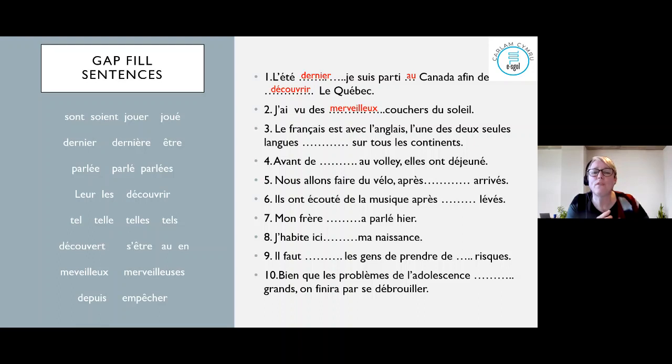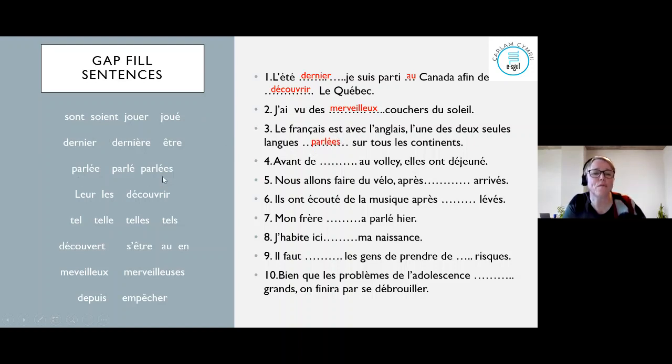Okay, numéro 3. Le français est avec l'anglais l'une des deux seules langues sur tous les continents. Okay. What do we think fits here? What word is going to go in here? One of the 2 languages that are spoken maybe on all continents. Yeah. We're going to choose this parler.